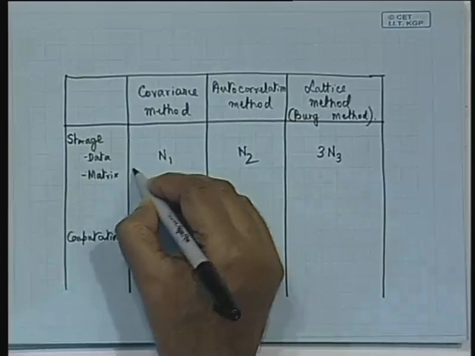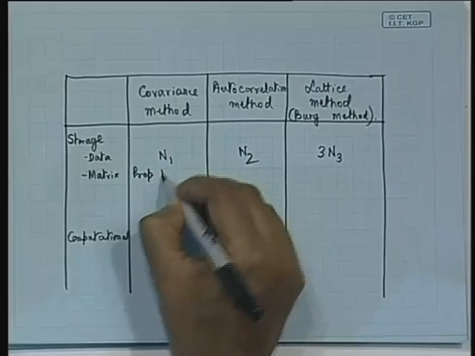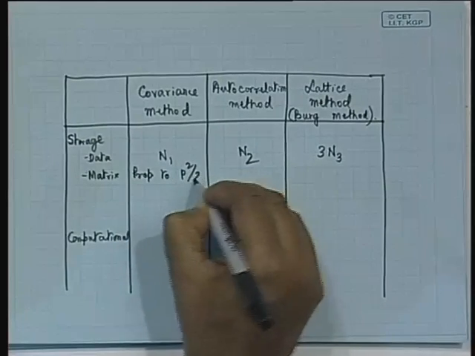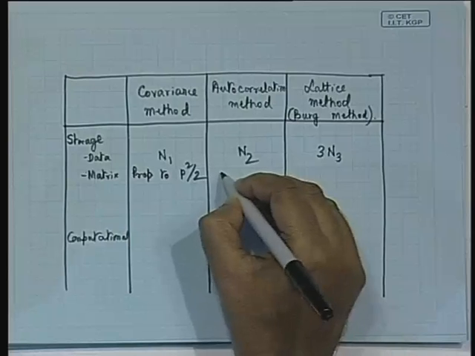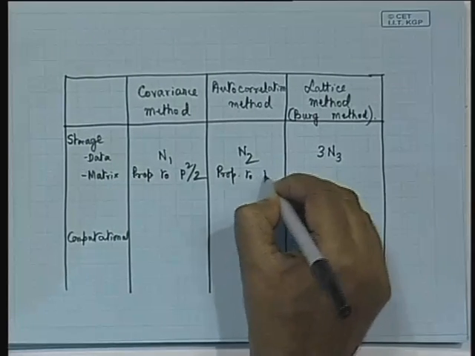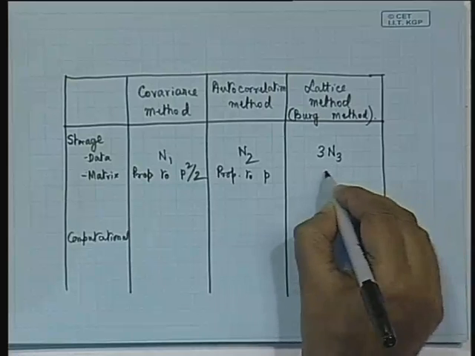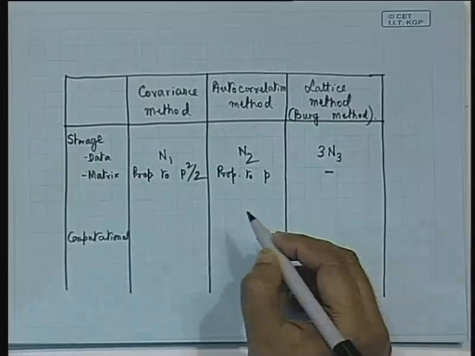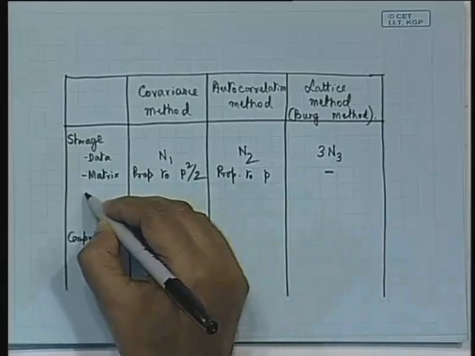For the matrix, here it is proportional to P squared by 2, and in the case of autocorrelation it is proportional to P, and there is no matrix storage that will be required in the lattice method. So, here the question does not arise.